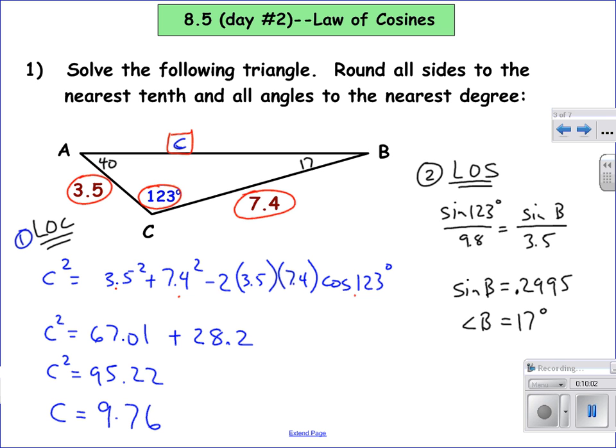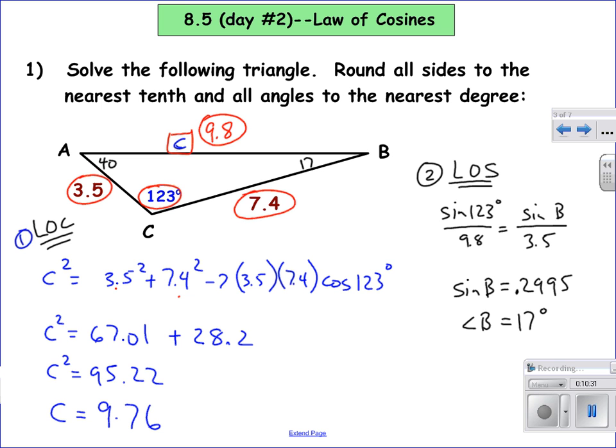I can get it in my calculator, plug all this stuff in. So 3.5 squared plus 7.4 squared is 67.01. The rest of this, from here to the right, is 28.2. Add them together, and I get 95.22. Take the square root of that number, and c is 9.76. We rounded to 9.8.